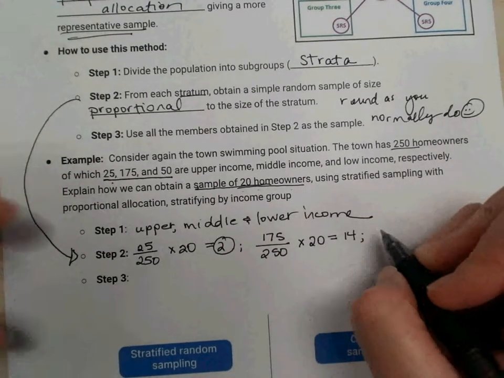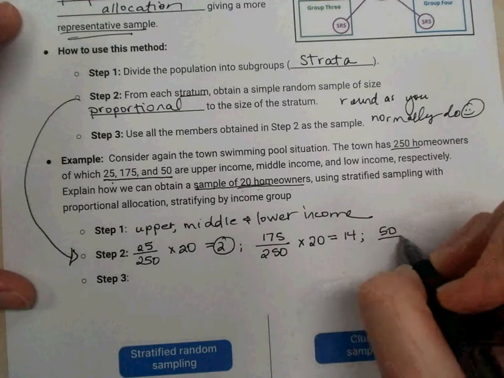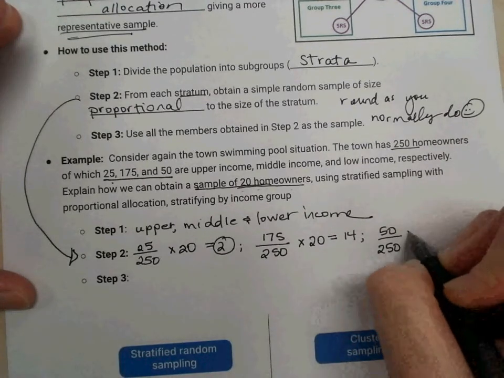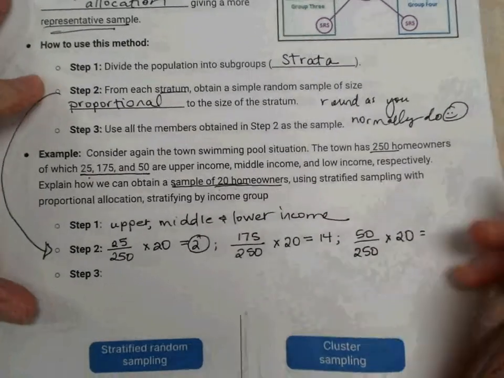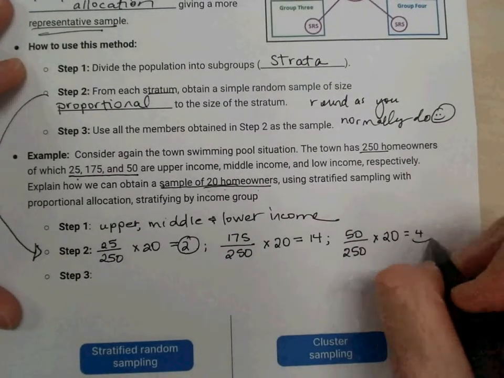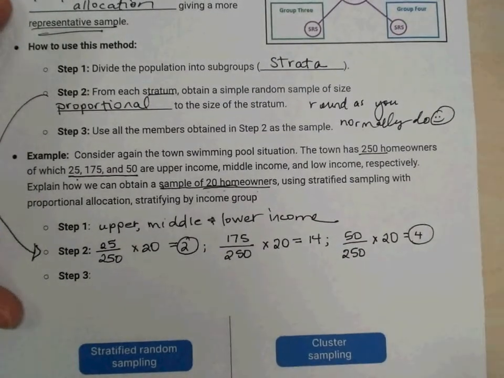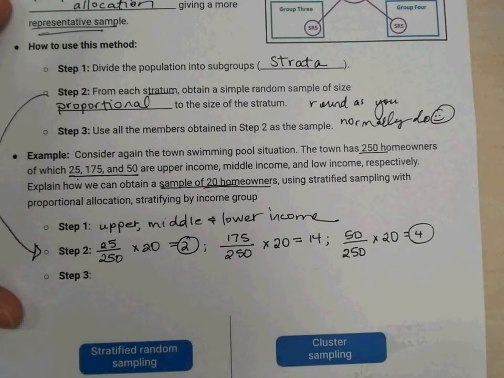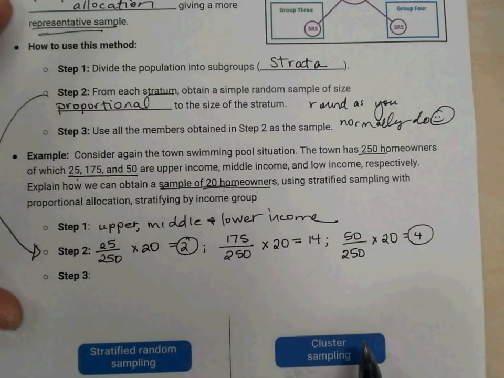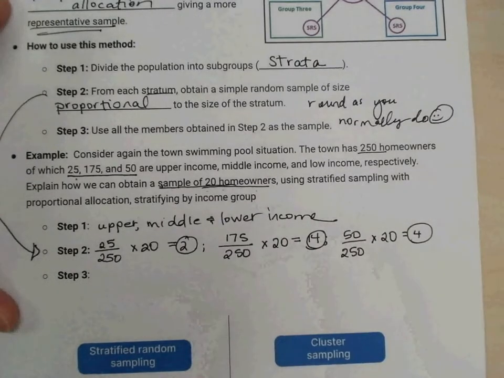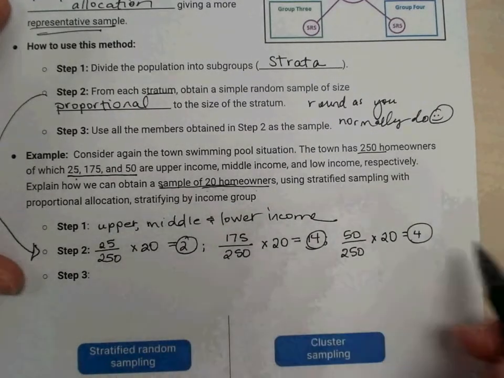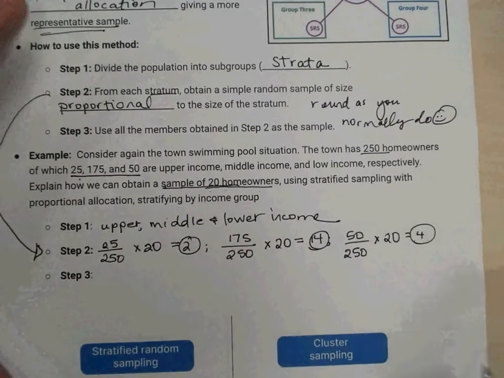And then the last group, we have 50 in the lower income group. Part to whole times the sample size, and that gives us 4. So 4 homeowners from the lower income, 14 homeowners from the middle income, and 2 homeowners from the upper income. If you add those together, you get 20.